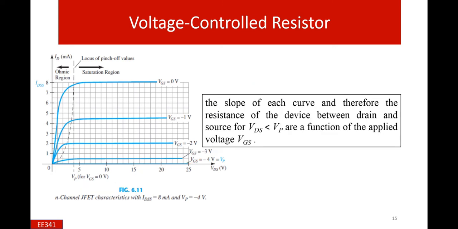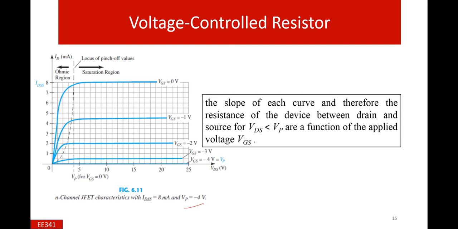These are the characteristics of the n-channel JFET, where drain and source have ohmic contacts on the n-channel and the gate is p-type. The pinch-off voltage in this particular case is -4.